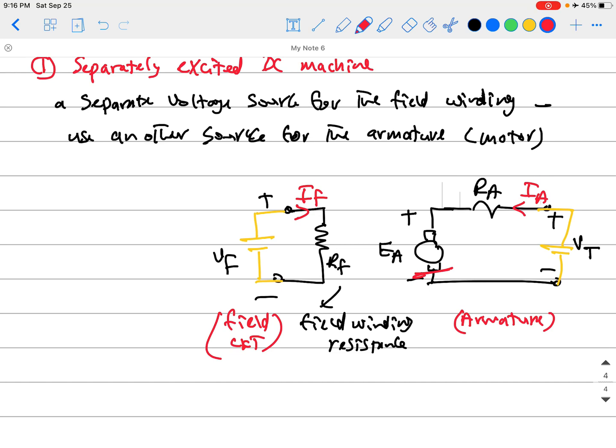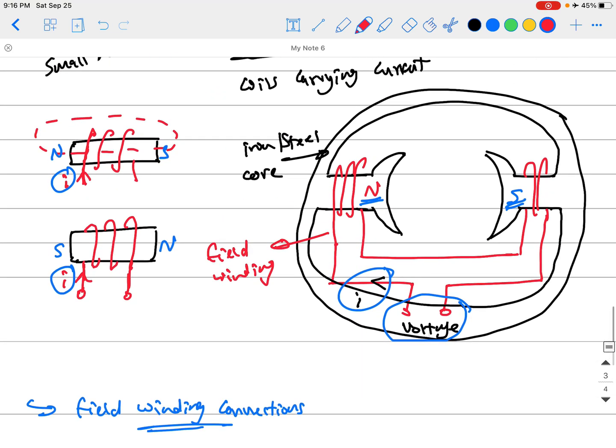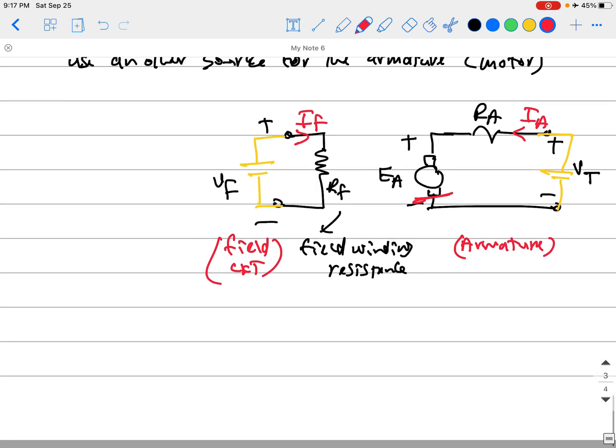So it is related to a speed term. Because the rotor, which is the armature, is rotating, you have induced voltage like this. But the field winding does not rotate because it is fixed on the stator, the iron steel core of the stator. And the stator does not rotate, does not go anywhere.